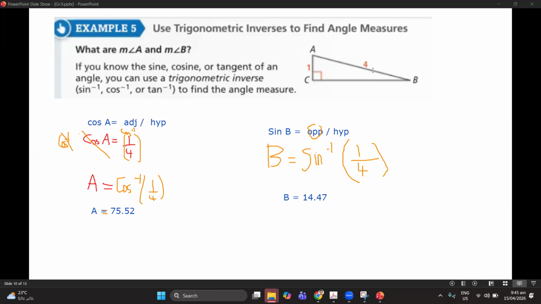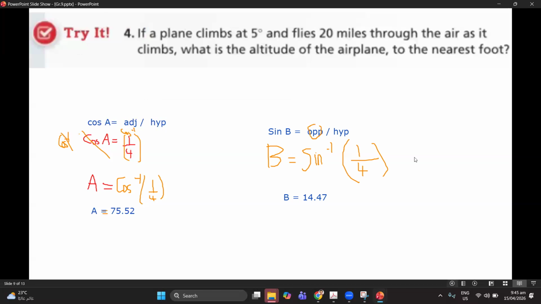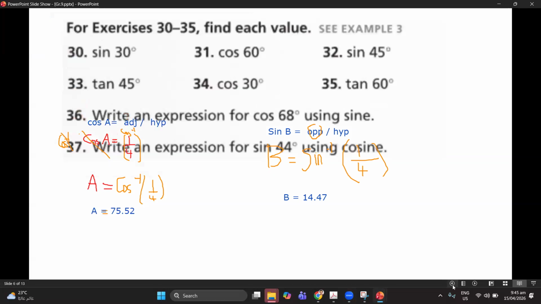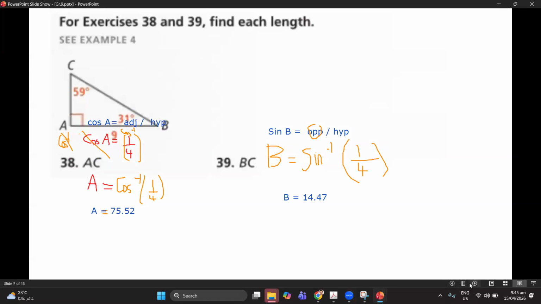But if I give you the measure of one angle and I ask you to find one of the sides, I can use the ratios, as we did in number 38 or 39.